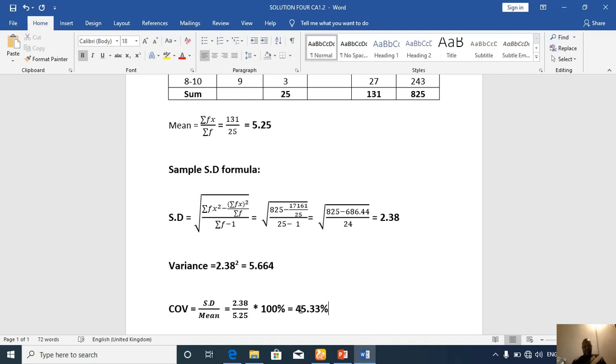I'll do another video that will look at the other remaining measures of dispersion, that's the mean deviation and the quartiles. How to calculate expected values will also be presented in another video, where we'll look at another way of calculating standard deviation when you are given probabilities instead of frequencies.